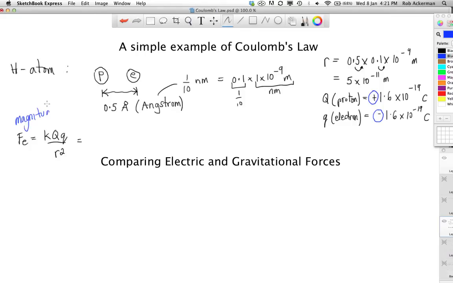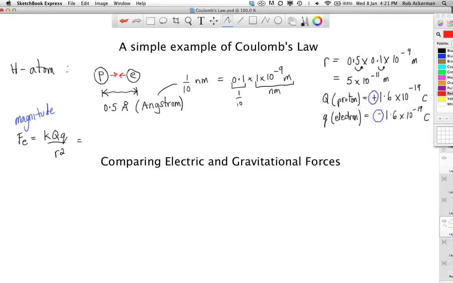It's your job to figure out whether we're going to have attraction or repulsion here and what direction that's going to represent. So for example, you know that opposite charges are going to attract. So I could write here that the proton feels an attraction to the electron, and at the same time the electron feels an attraction to the proton.